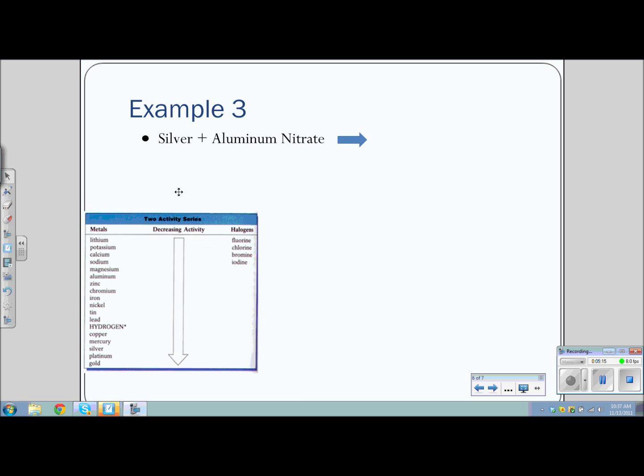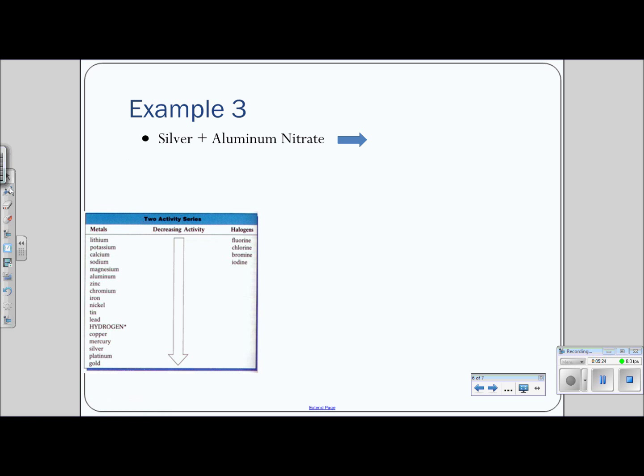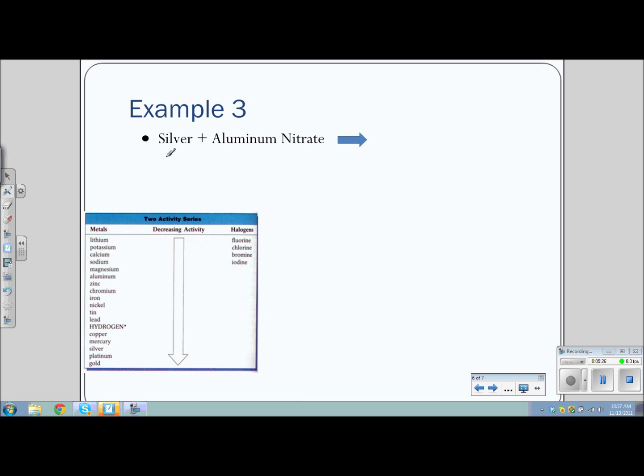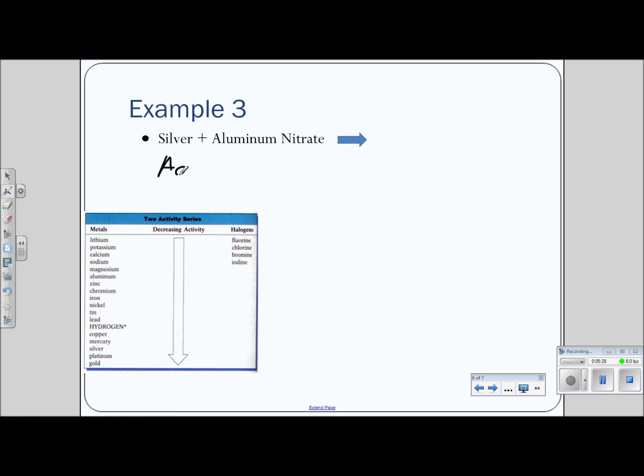Our next reaction is silver plus aluminum nitrate. Let us write Ag plus aluminum nitrate, NO3 -1, Al +3, yields.